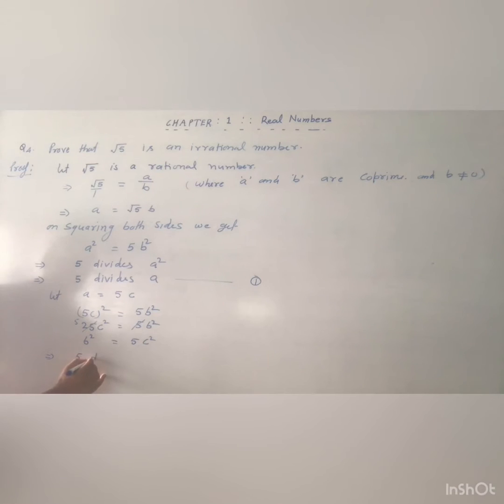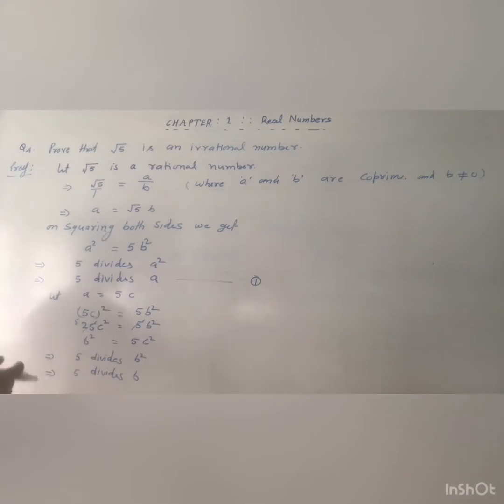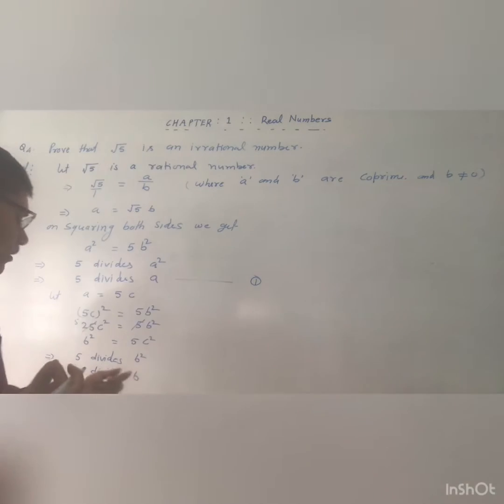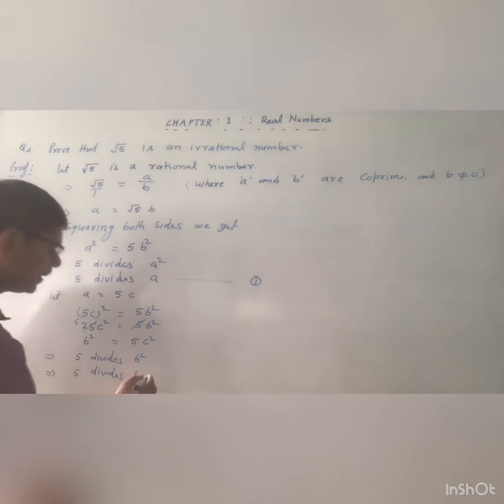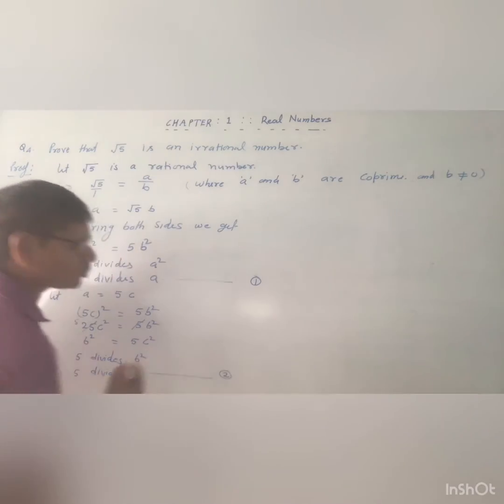These steps give the conclusion that 5 divides b square. So you can write that 5 divides b square, and this implies that 5 divides b also. If b square is divisible by 5, then b will also be divisible by 5. This is equation number 2.